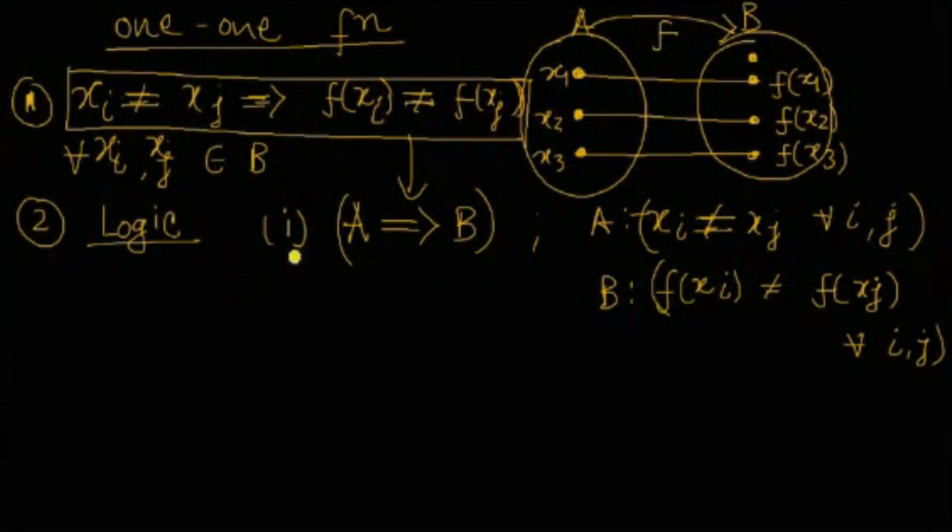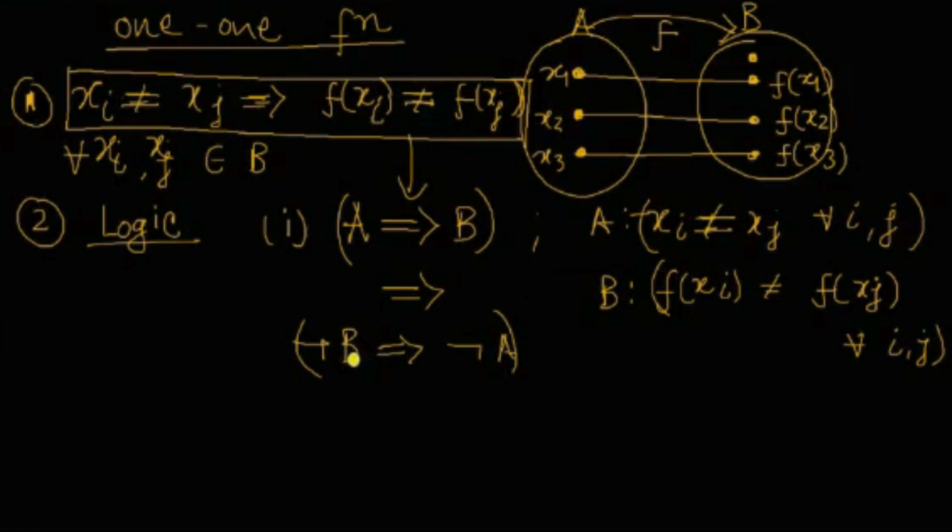So in logic, you can prove that if a particular statement A implies another statement B, then the negation of statement B implies the negation of statement A. What's the negation?